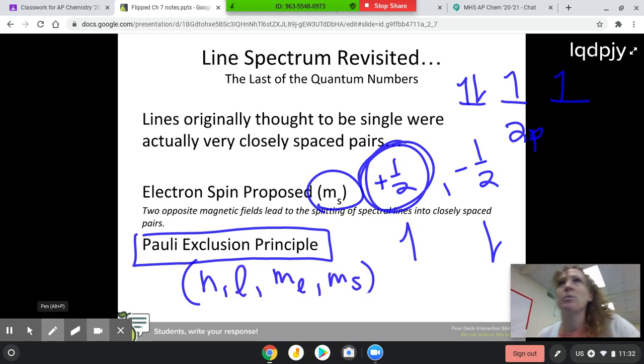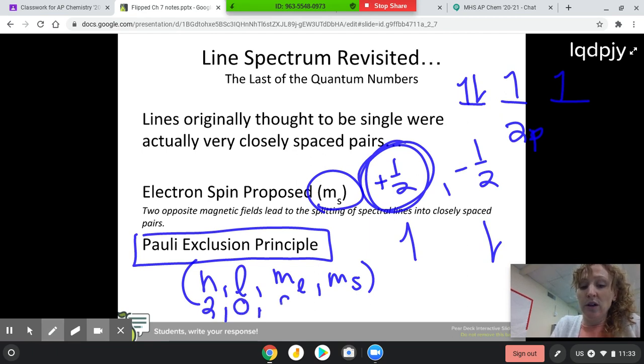So for example, let's do the one valence electron in lithium. The one valence electron of lithium would be in the second energy level. It would be in the S shape, which is 0. It would be in the only orientation that it has, and it would be spinning up.